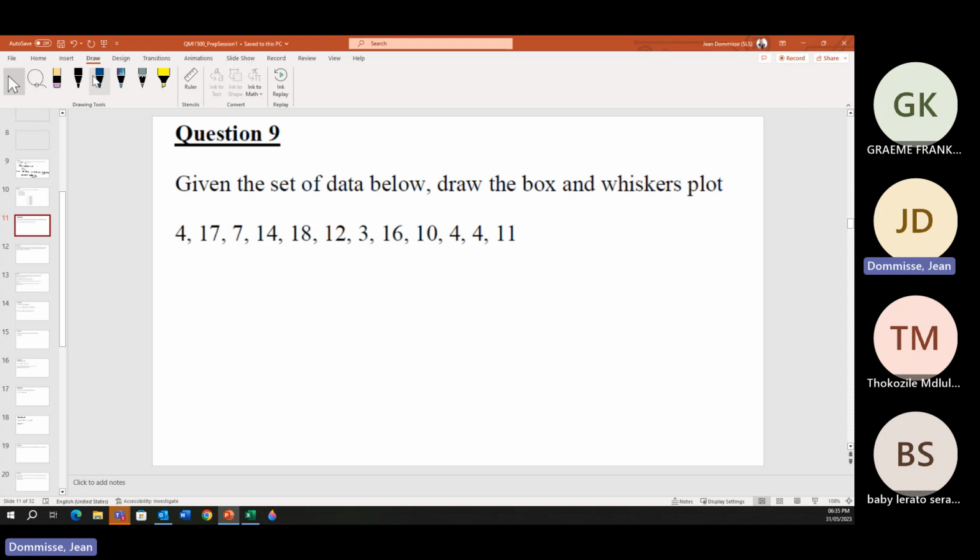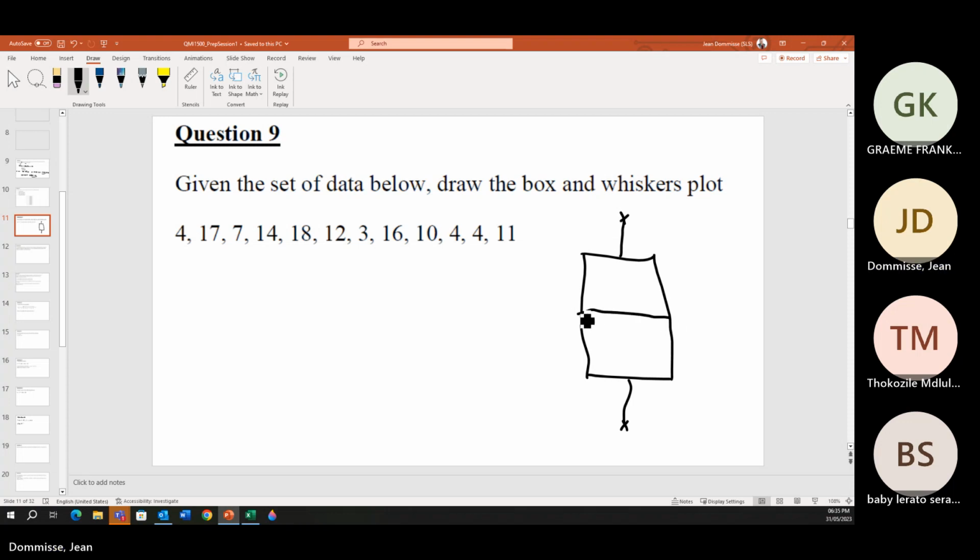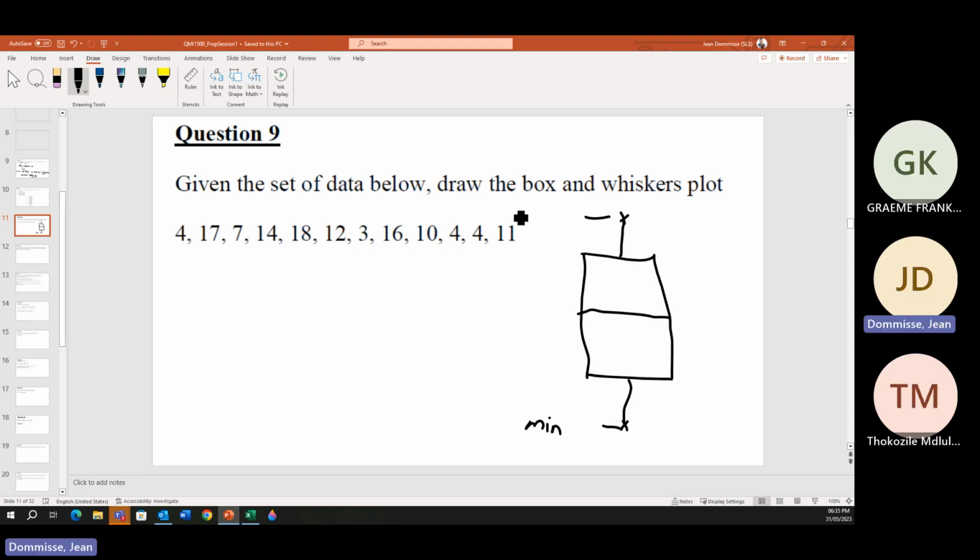Let's first draw the box and whisker and see what's in it. The box and whisker, sometimes called the 5-plot diagram as well, looks at your minimum value. At the top, it has your maximum.